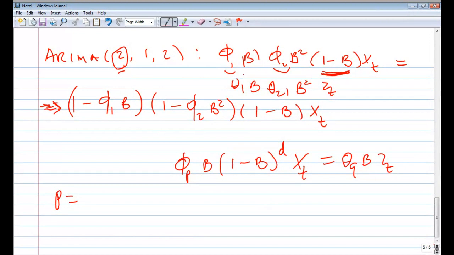In the general one, if p equals 3, it's phi 1 b, phi 2 b squared, phi 3 b cubed. If p equals 4, it's phi 1 b, phi 2 b squared, phi 3 b cubed, phi 4 b to the power 4. This is how it's supposed to be. Then from there you included that 1 minus something and try to expand it.